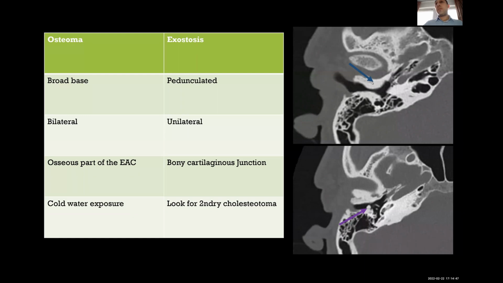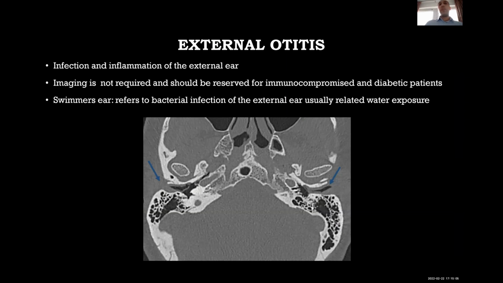Here it is, the surfer ear, swimmer, cold water, bilateral, osseous part of the external auditory canal. On the other hand, the osteoma is unilateral, pedunculated, could be asymptomatic, at the bony cartilaginous junction; search for secondary cholesteatoma. External otitis is inflammation of the external ear. It is very common.